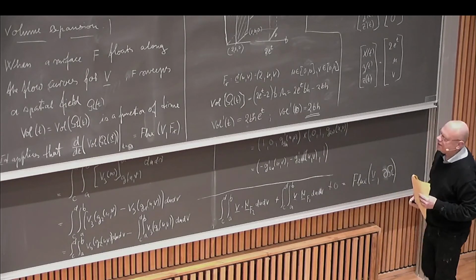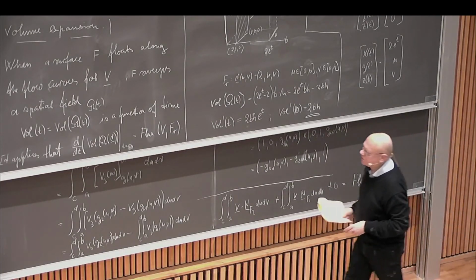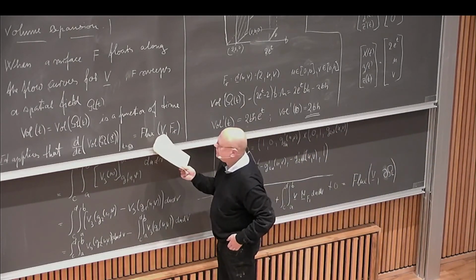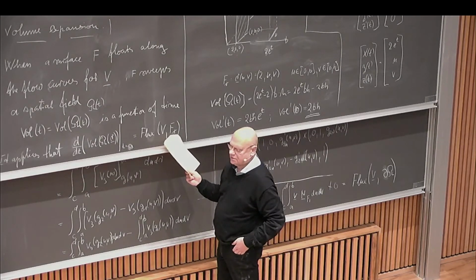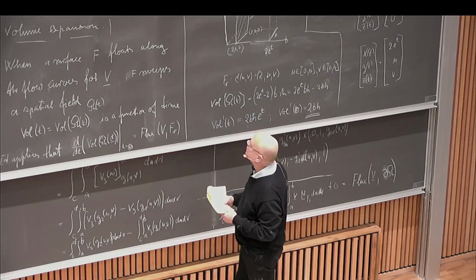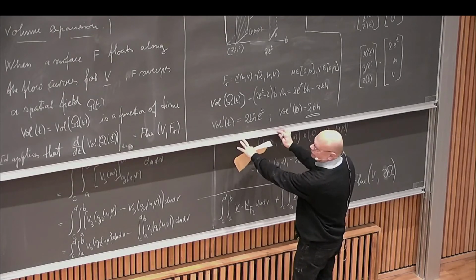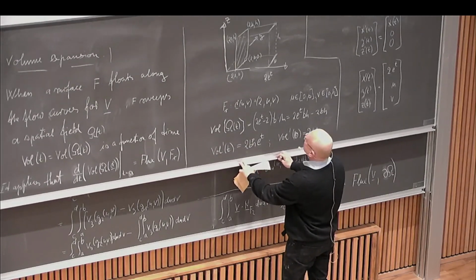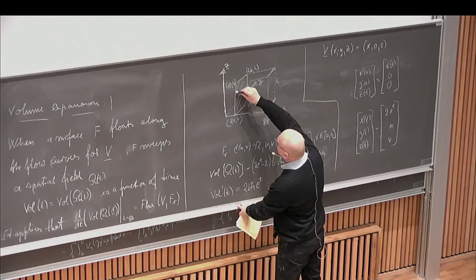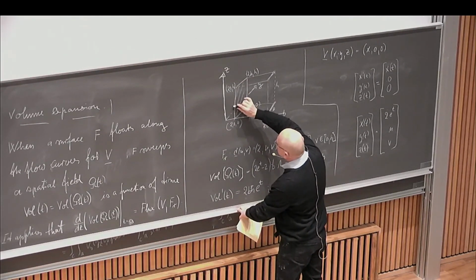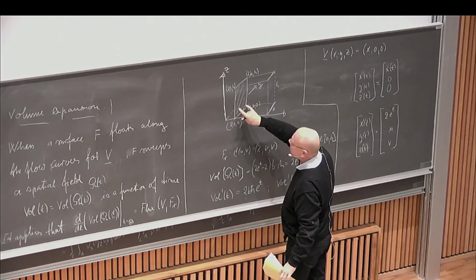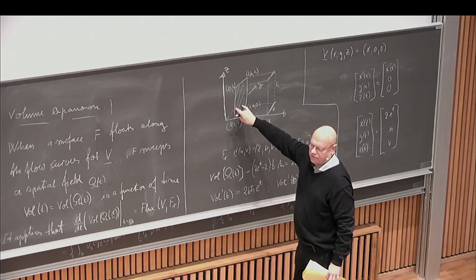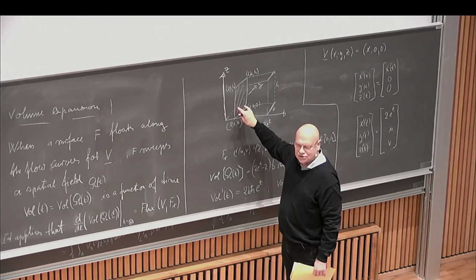Now this should equal the flux of my vector field out of this area here. If you look at my vector field here, then the value of my vector here is (2, 0, 0).